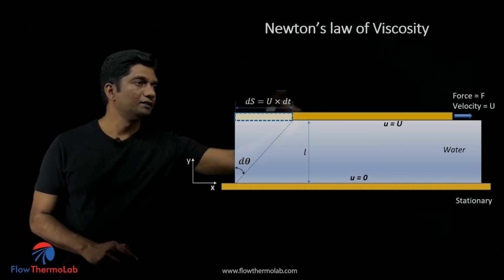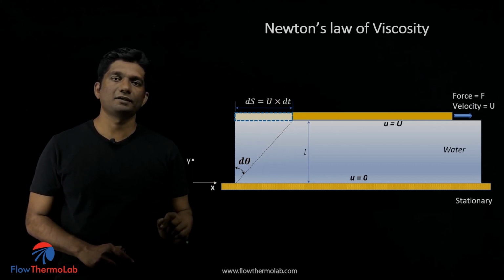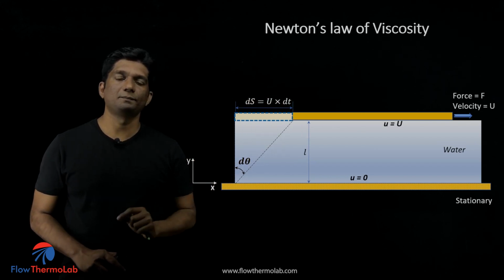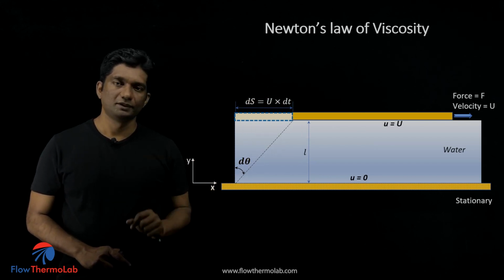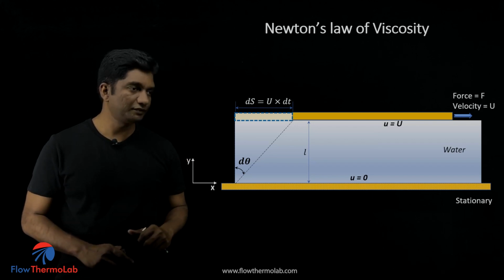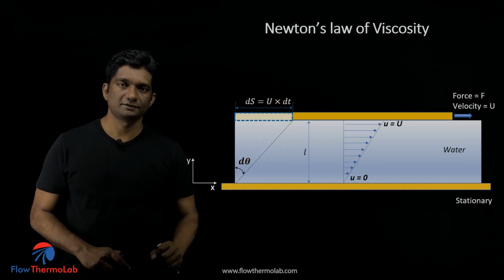And for the fluid or the liquid, when the plate is moving, the velocity on the top of that is going to be, again because of no slip condition, u equal to the velocity of the plate, capital U. So if you make an approximation of the velocity profile as a linear profile, we will get something like this, right?